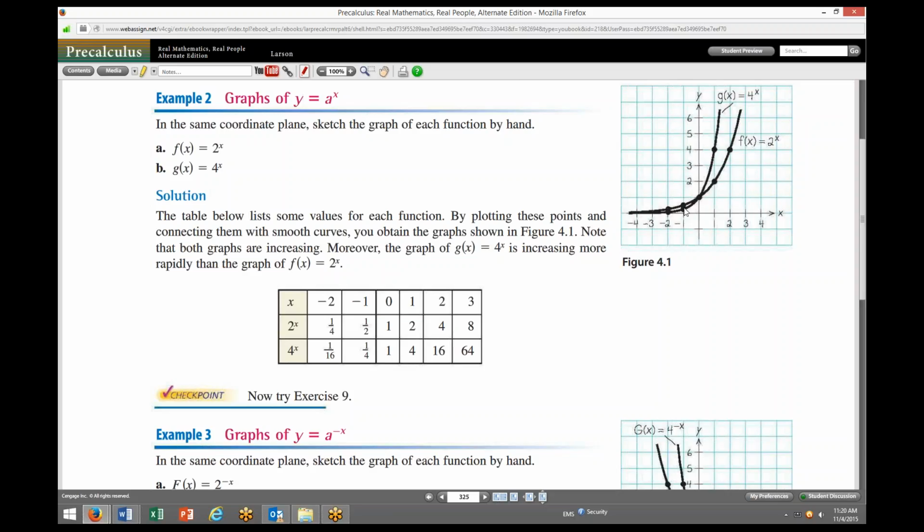So 2 to the negative 1 is 1/2 to the 1. And anything to the first power, as I trust you recall, is itself. So 1/2 to the first is 1/2. And you see that here on the graph. When x equals negative 1, for y equals 2 to the x, y equals 1/2.